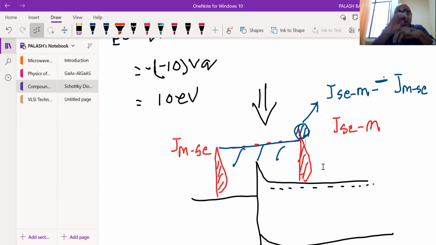The same way as what I have drawn over here, the metal and semiconductor balancing each other, you have to do on the PN junction diode. I hope it will clear a lot of confusion, because this is a different type of analysis that we are doing for the first time, but this is the best way to understand the Schottky junction diode.